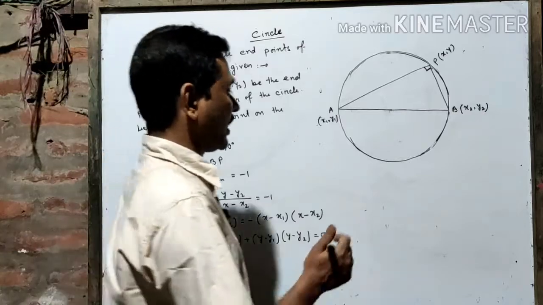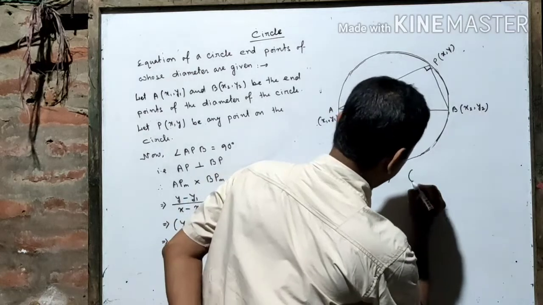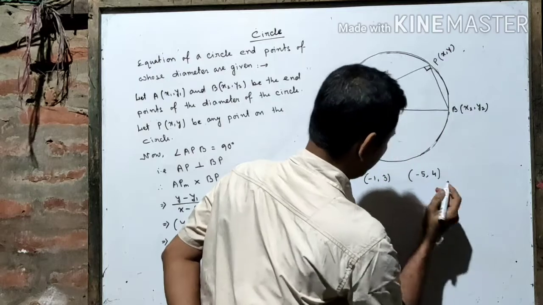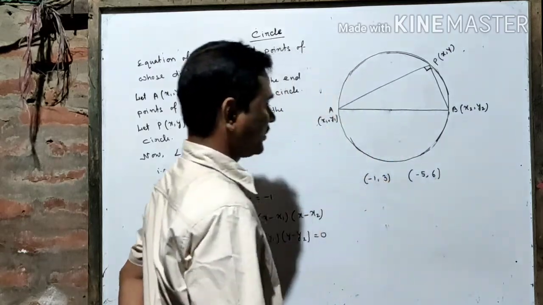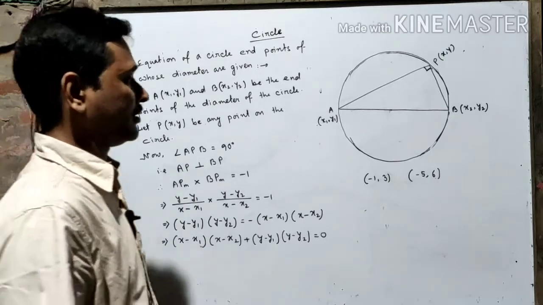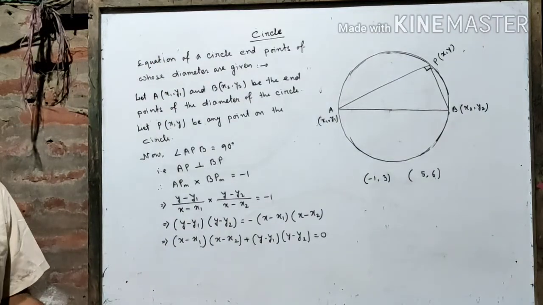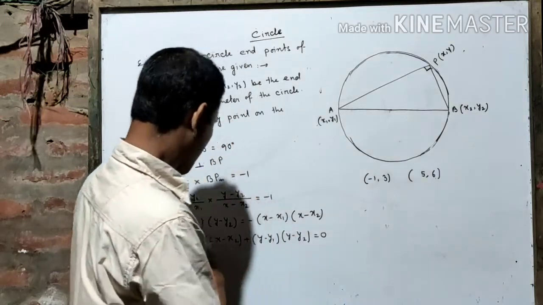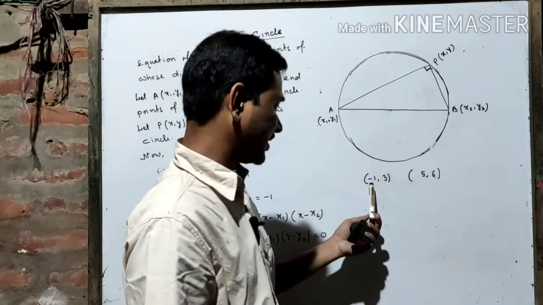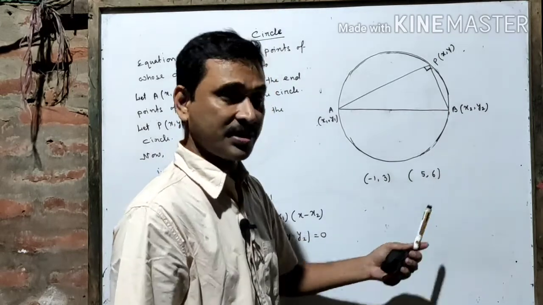Suppose in a question we are given that the endpoints of the diameter of a circle are (-1, 3) and (5, 6). You are asked to find the equation of the circle. So what will be the equation of the circle? Here is the equation: (x minus x1)(x minus x2) plus (y minus y1)(y minus y2). What is x1 here? x1 is -1, y1 is 3, x2 is 5, y2 is 6.